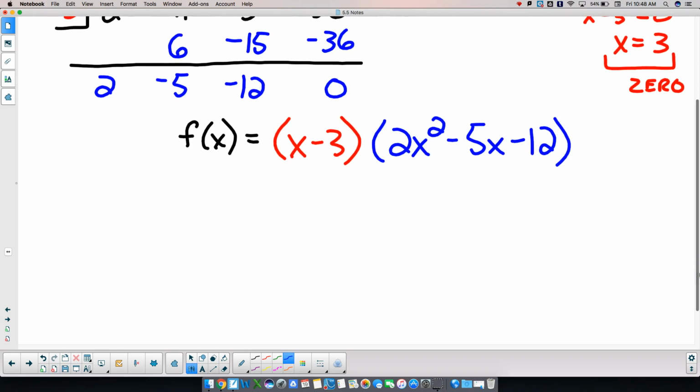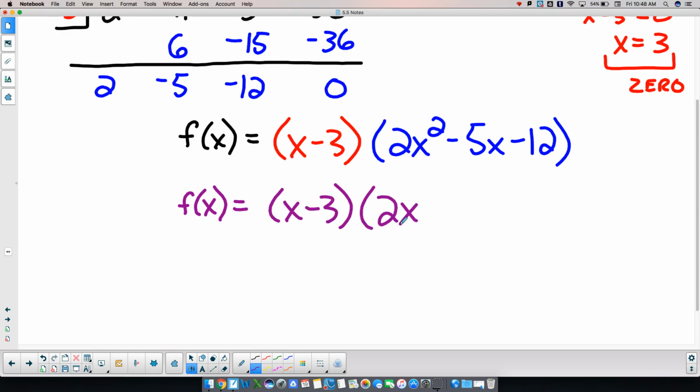Then we rewrote that as f of x equaled x minus 3, 2x plus 3, and x minus 4. That's where we stopped before.